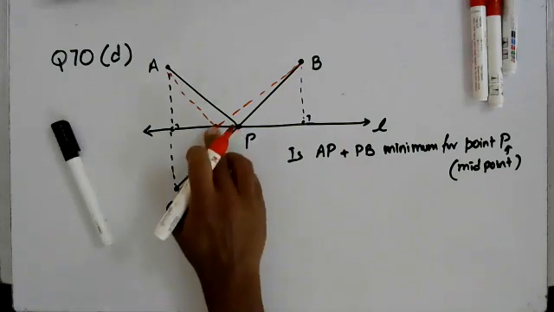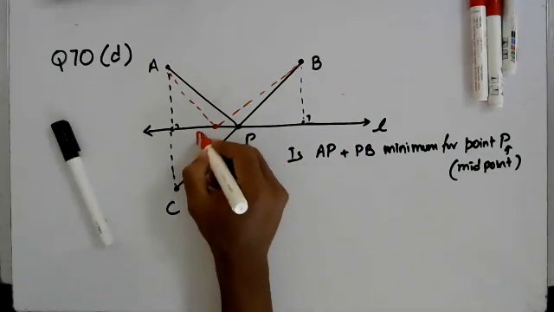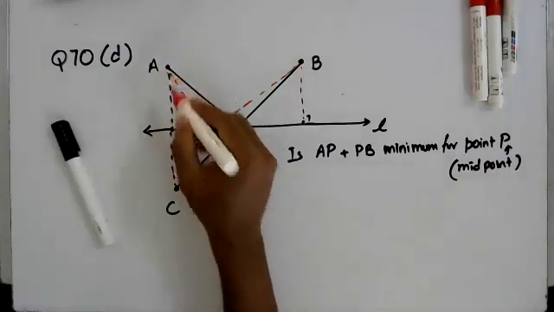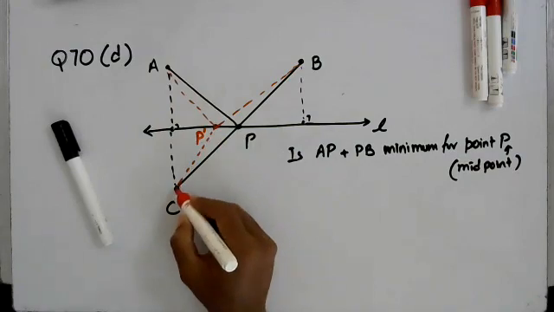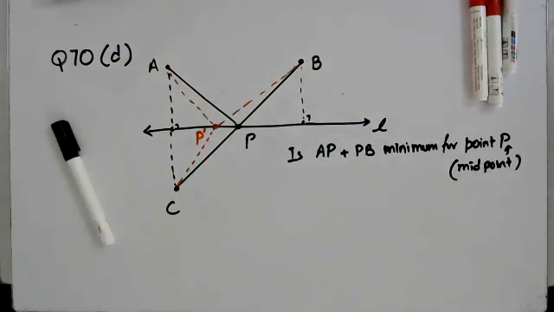So instead of connecting the new point P dash to A, I connect it to C. Now I'm saying that the answer is staring at you in the face. Can you tell me whether you got the answer or not?